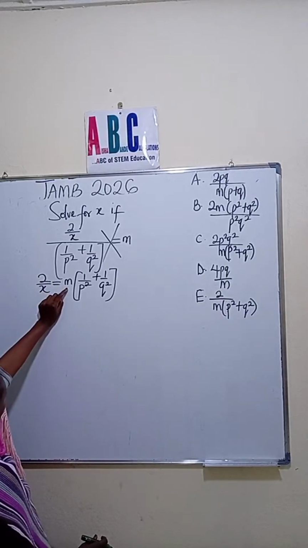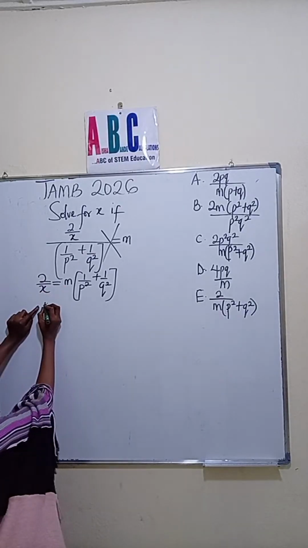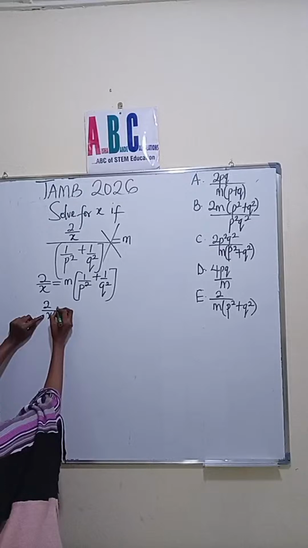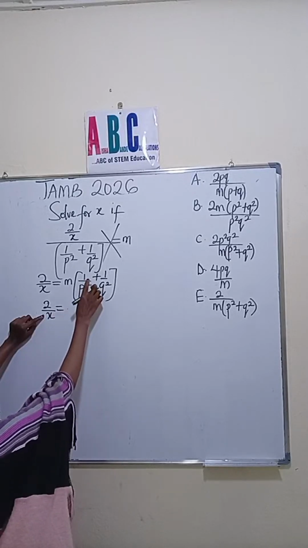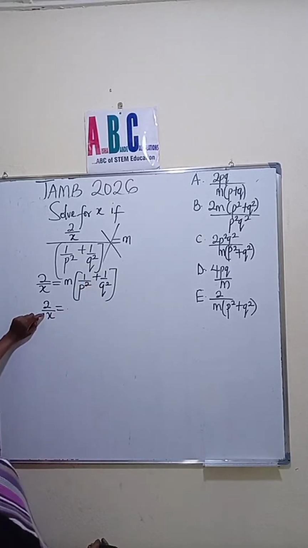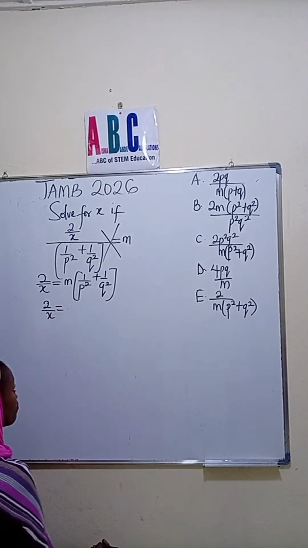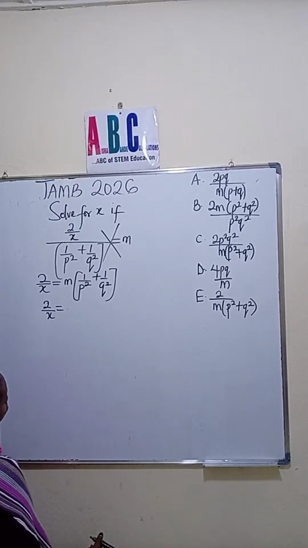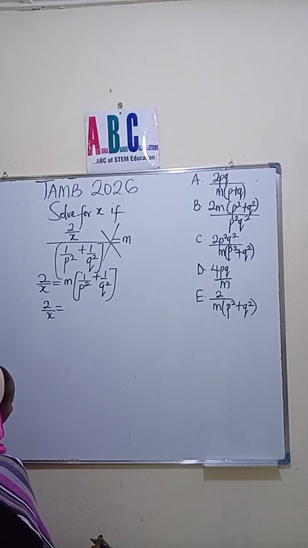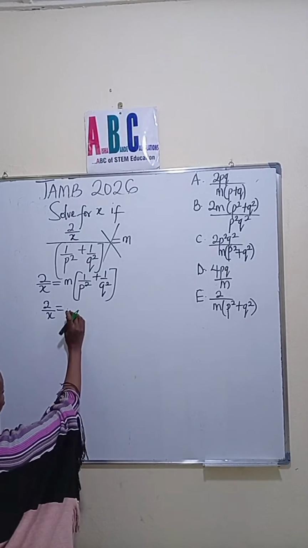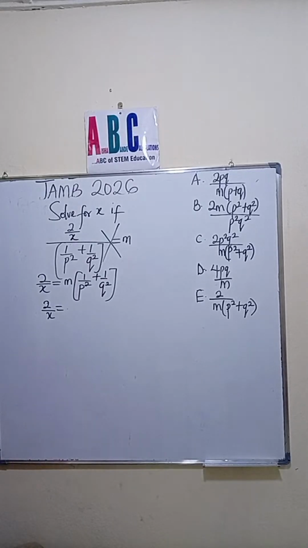Can I expand this? So it becomes 2 over x is equal to m times... Did you expand the m? Did you open this up or simplify the fraction first?